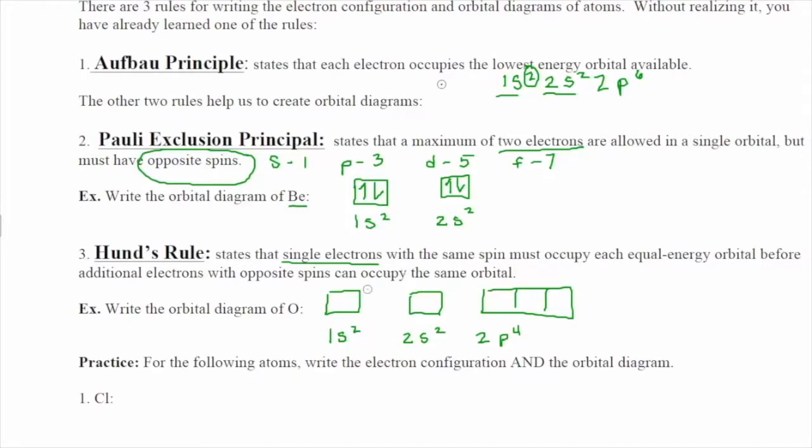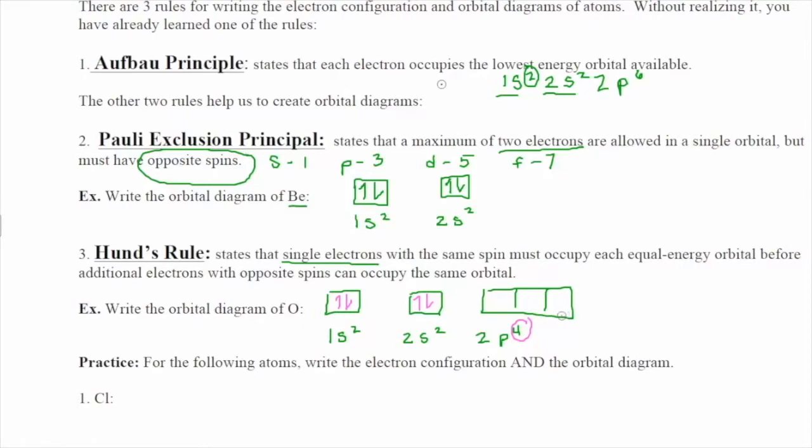So remember, according to Pauli exclusion, my electrons have to have opposite spins, and there can only be 2 in each orbital. So for the 1s, I've got 1 here and 1 there. For 2s, 1 there and a second 1 there. Now here's where Hund's rule comes in. I need to fit 4 electrons, and only 4, in these 2p orbitals, 1, 2, 3.